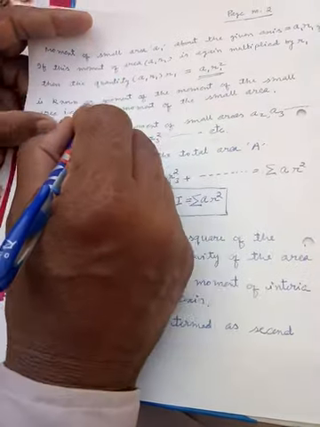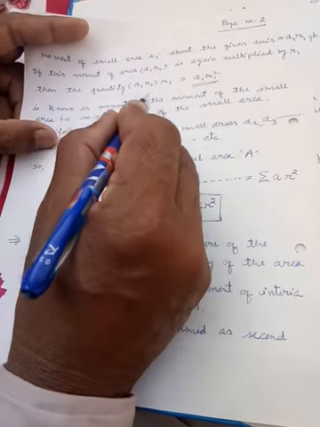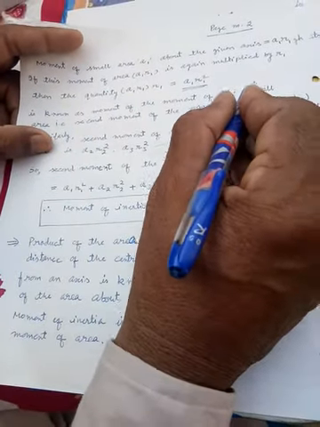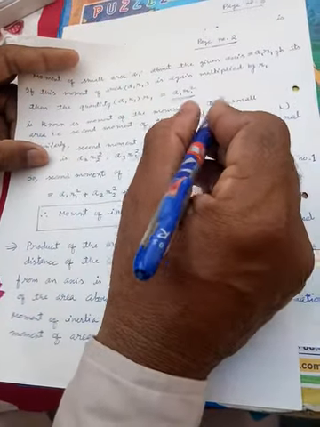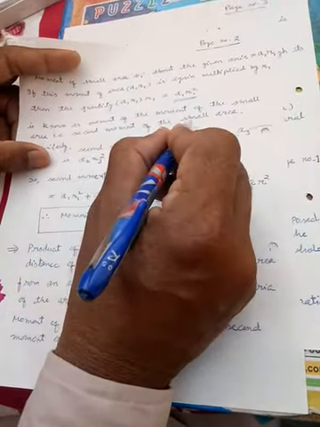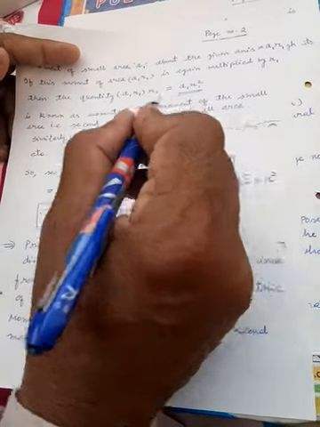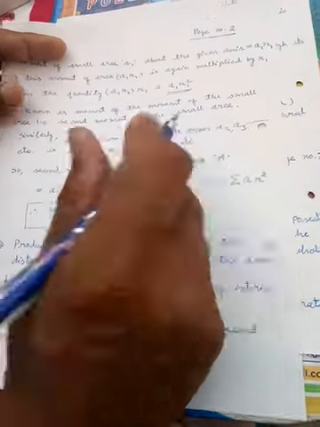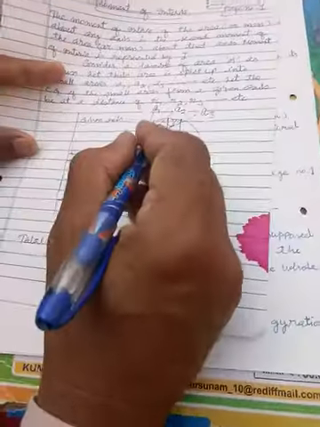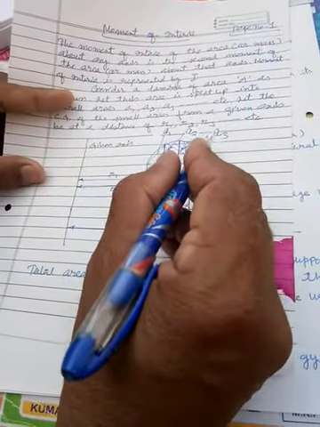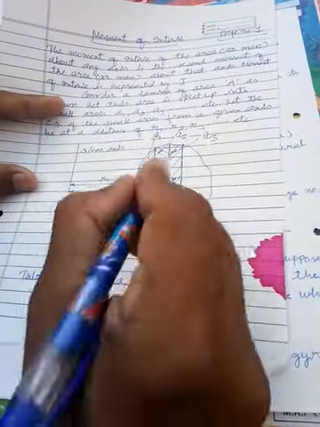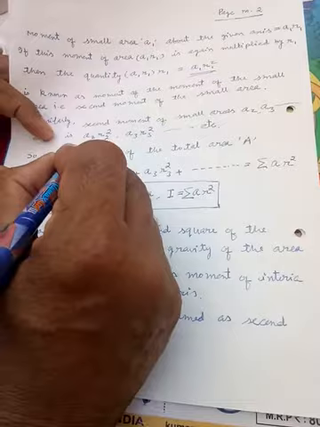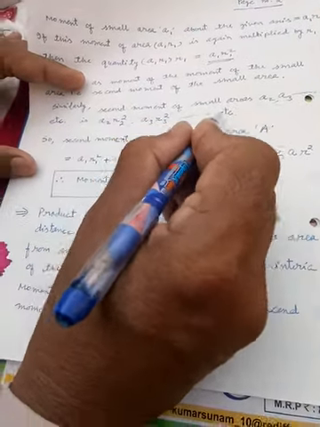This is known as the second moment of the small area. Similarly, the second moments of the small areas A2, A3 and so on about the given axis are equal to A2 R2 square, A3 R3 square and so on.